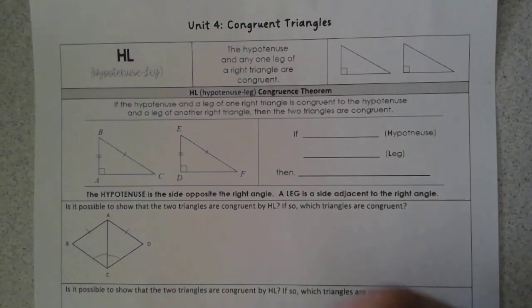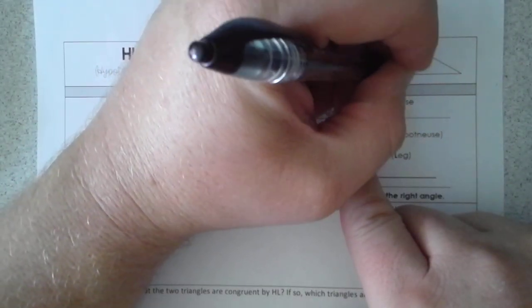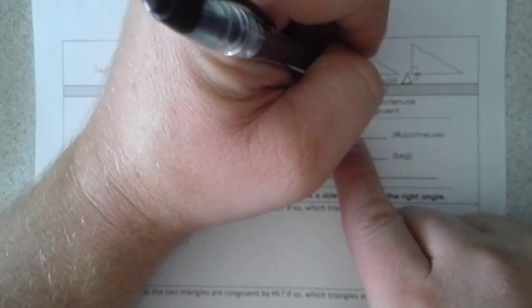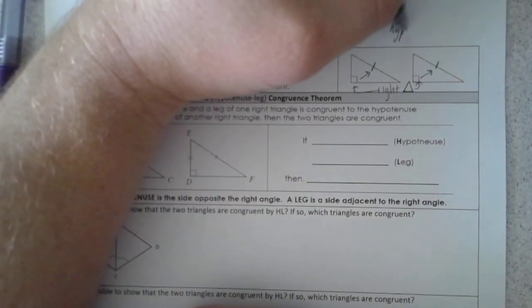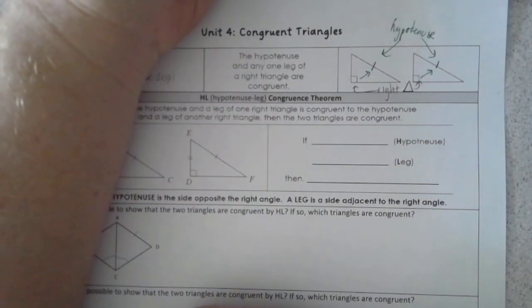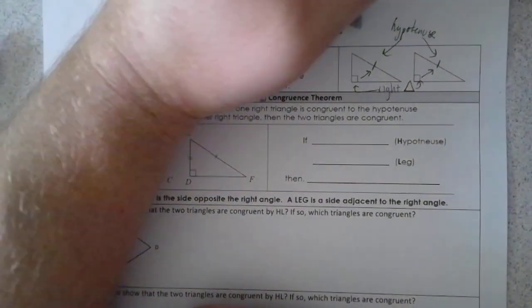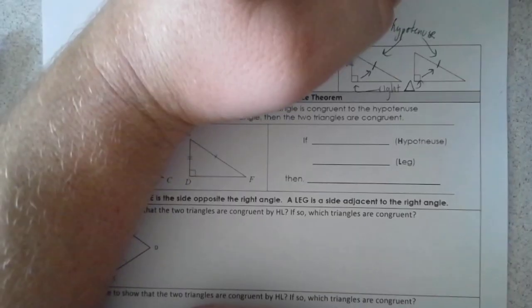If you have right triangles, again, this is a right triangle because of the right angle right here, then the hypotenuse, remember the hypotenuse is always across from the right angle, and one other leg.